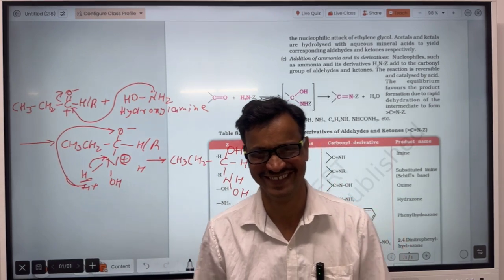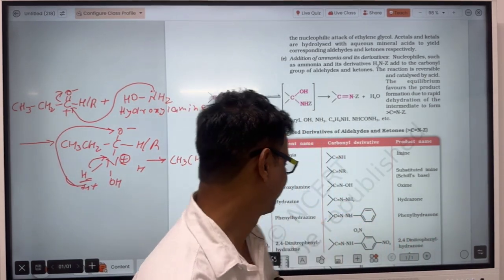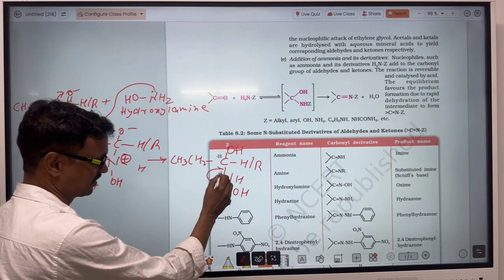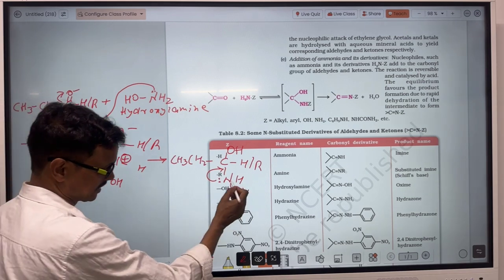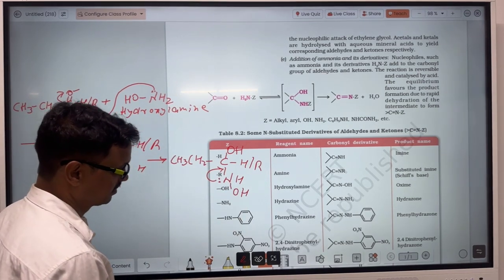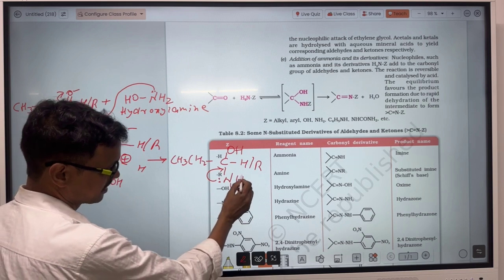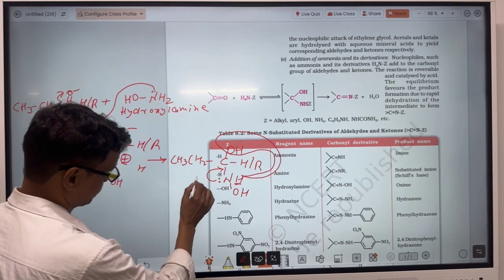Here, will the reaction stop? No, there is a lone pair of electrons on the nitrogen. So here is the lone pair of electrons. This will come here for the double bond formation. So at that time again a positive charge will appear on the nitrogen. So the H plus is released here, and it will combine with this OH to form H2O.